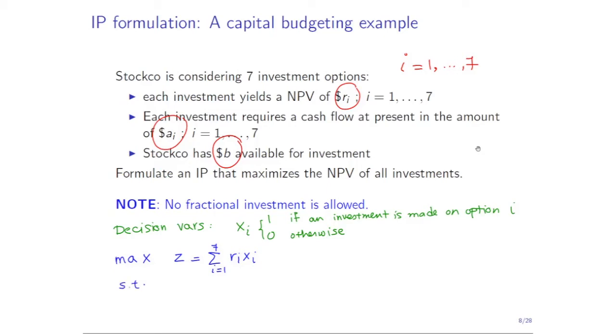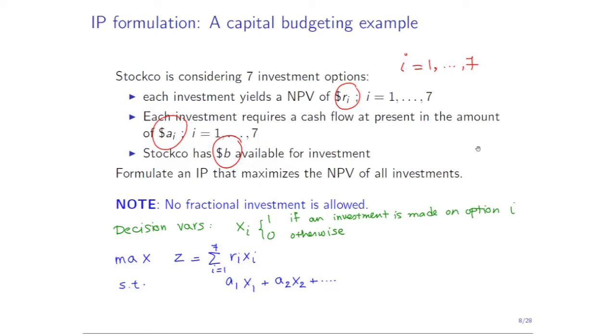What is my constraint? I cannot spend more than my budget. So again, if I invest in the first project, I will have to spend A1 dollars. If I invest in the second project, I will have to spend A2 dollars, and so on.